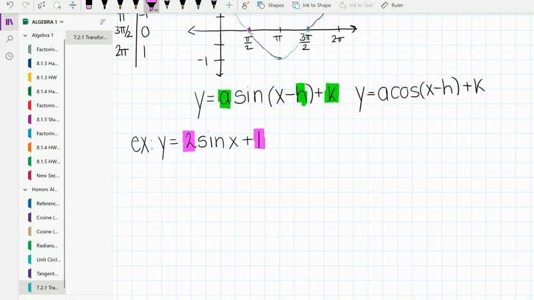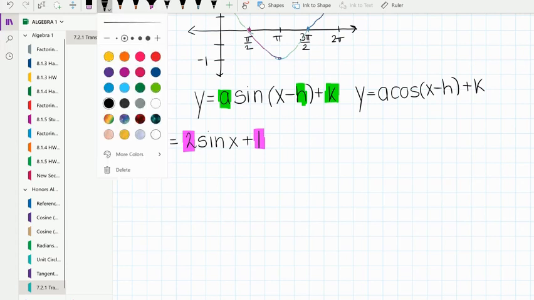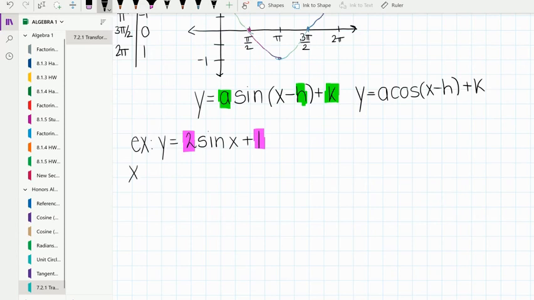So in this case, nothing is affecting our x values. So I'm going to create a new table using those reference points. I know nothing's going to affect the x, so I'm going to keep 0, pi over 2, pi, 3 pi over 2, and 2 pi. And then I'm going to use the original parent function y values and transform them.